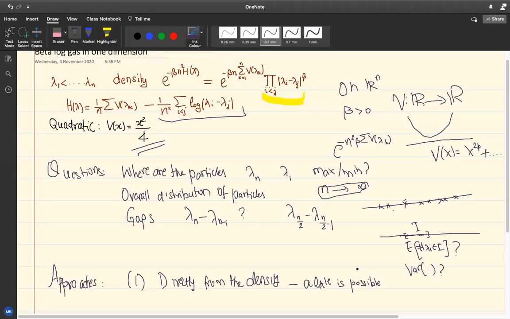A lot is possible, especially from this naive approach, for beta equal to 2. If beta is 2, nothing looks special in this density. But there is a little bit that is special, and you see it in this term that I have highlighted.